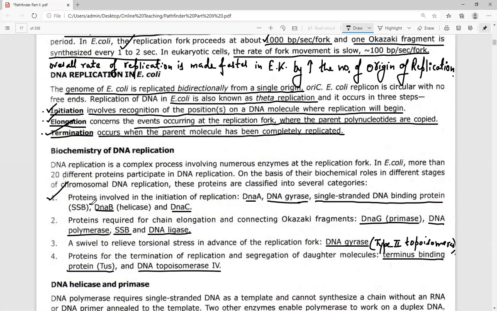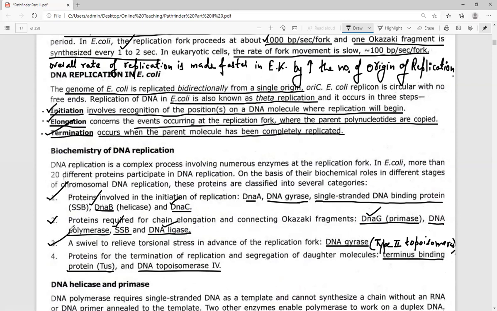DnaB is also a helicase. DnaC facilitates the unwinding. Proteins involved in elongation include primases, single stranded DNA binding proteins, as well as DNA ligases. Those involved in elongation are DnaG primase, DNA polymerase, and DNA gyrases.